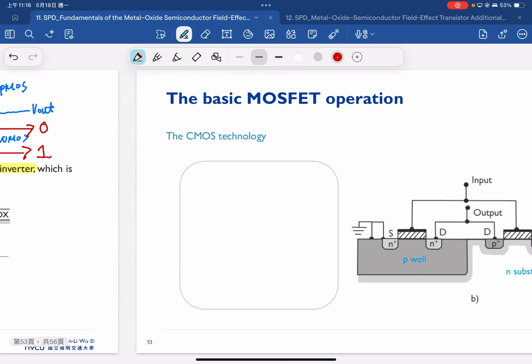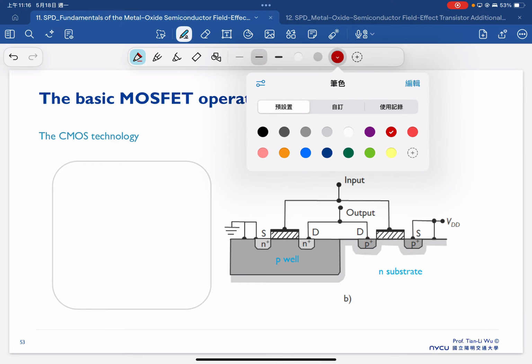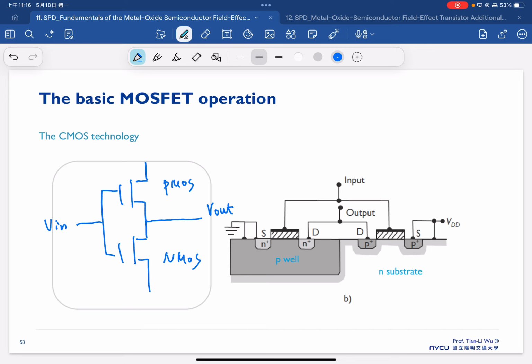So here are some more details, just similar. We have the PMOS on top and the NMOS here, and we connect them with the same output V out and the same input V in.